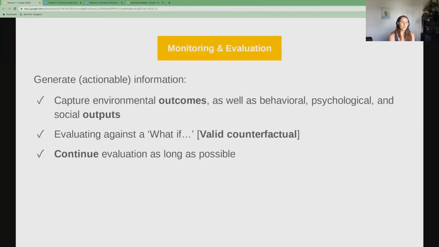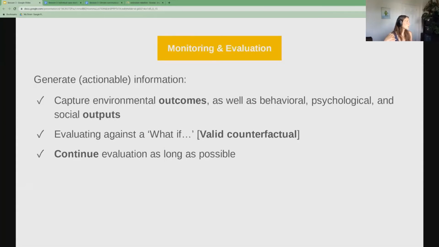Because it's nice to capture a lot of information, but if you can't actually make use of it, it's not really of value. So when you, for example, create surveys or want to design your monitoring and evaluation exercises, you want to make sure that you only capture data that's actually useful and meaningful to your project.